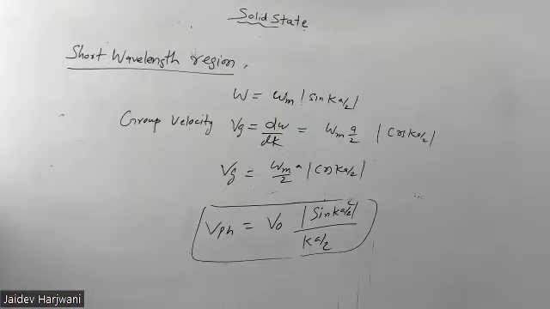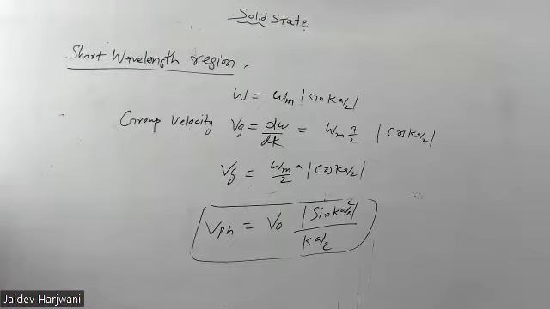If I plot these graphs for phase velocity for k values from pi by a to minus pi by a, and say this is my middle axis, this is say 1, and I'm plotting Vp upon V naught.